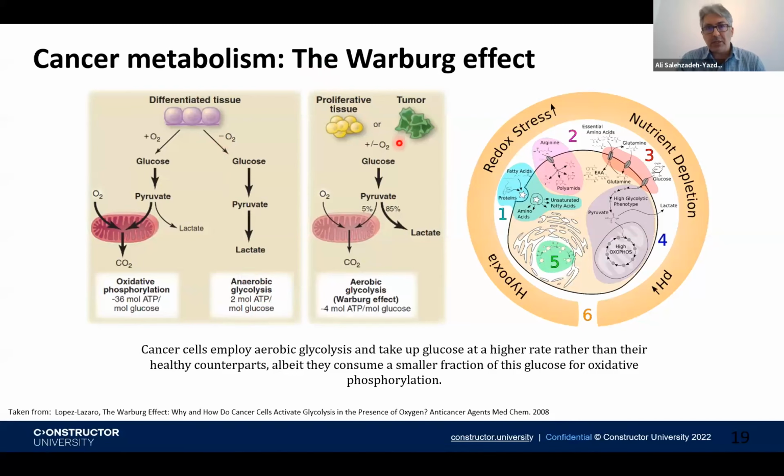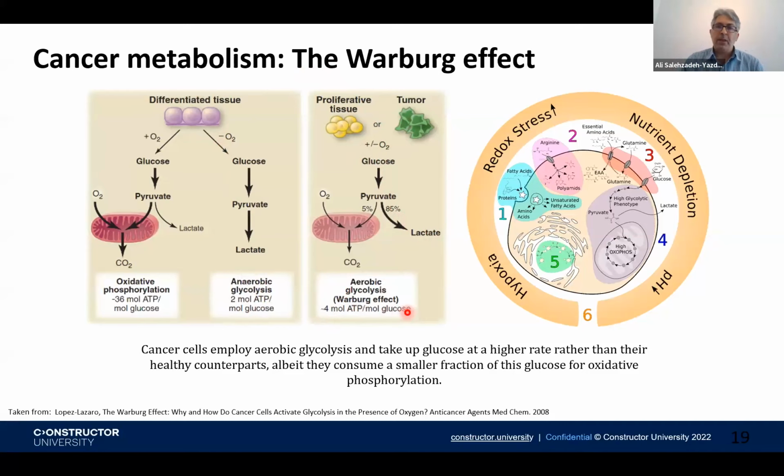But in the cancer cell, it doesn't matter. In the presence or absence of oxygen, the behavior is the same, and glucose turns to lactate with almost 4 moles of ATP for each mole of glucose. It was the first metabolic hallmark of cancer that Warburg showed in 1930-something and got the Nobel Prize for.